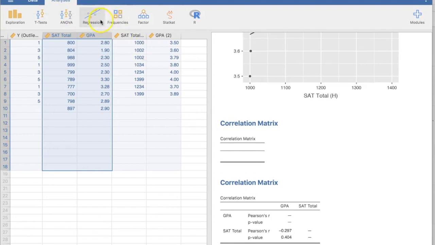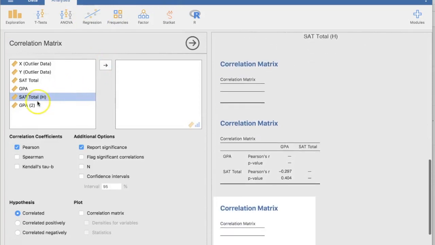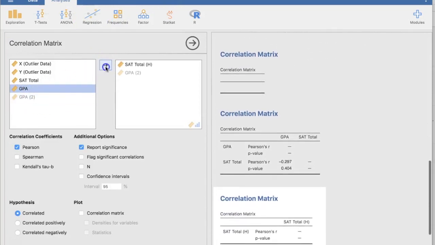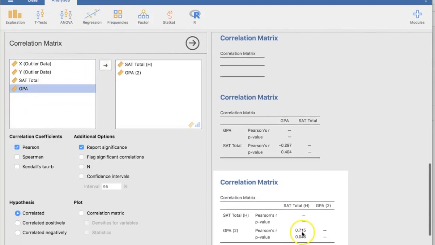Now let's do a correlation for the high-end scores. Yeah, it's positive and it's even higher than when we have the whole data set. So that's interesting. What I'm trying to say here is that the range that you have in your data set, it's gonna matter. It's gonna have an impact on the correlation that you have.